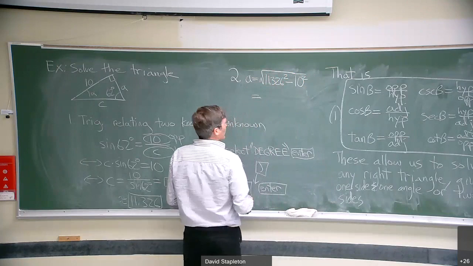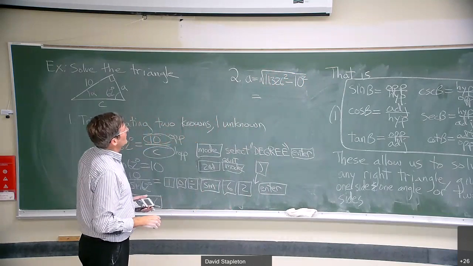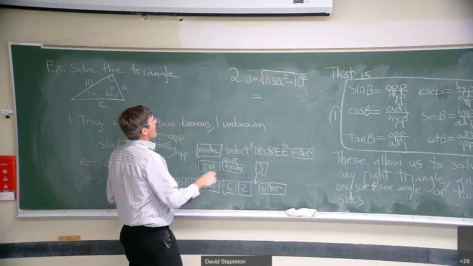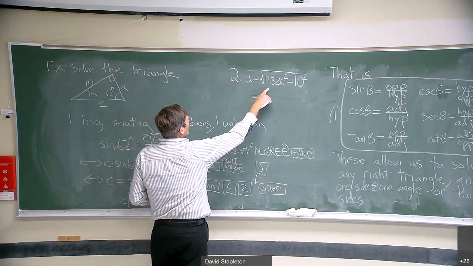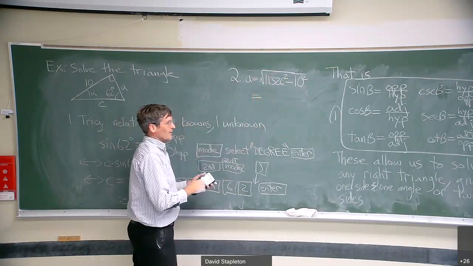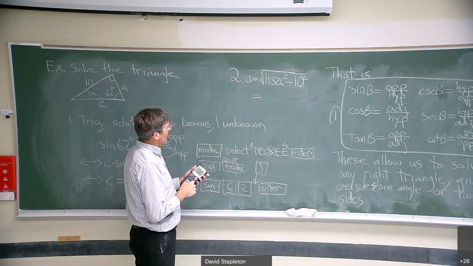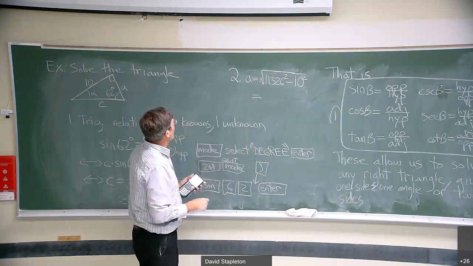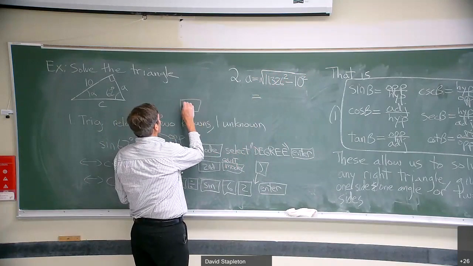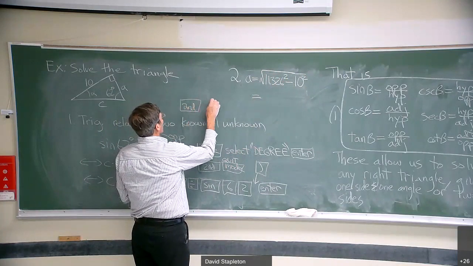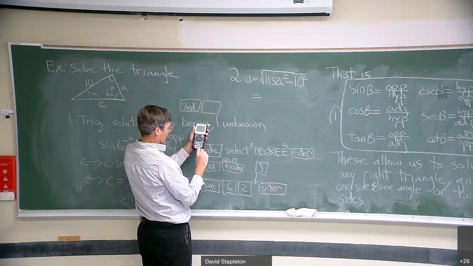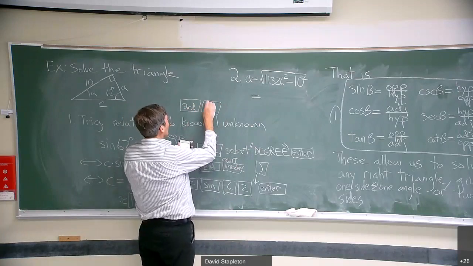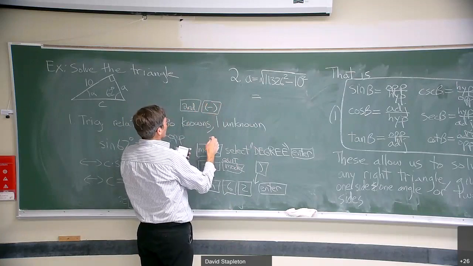The way to compute this, and this is another calculator hint, is this: I might fat finger this if I type this in by hand, especially if I type more than this many digits. I'll probably make a mistake somewhere. So I can avoid that by instead pushing second and the negative key down here at the bottom, right below the numbers. It's in parentheses for making negative numbers.